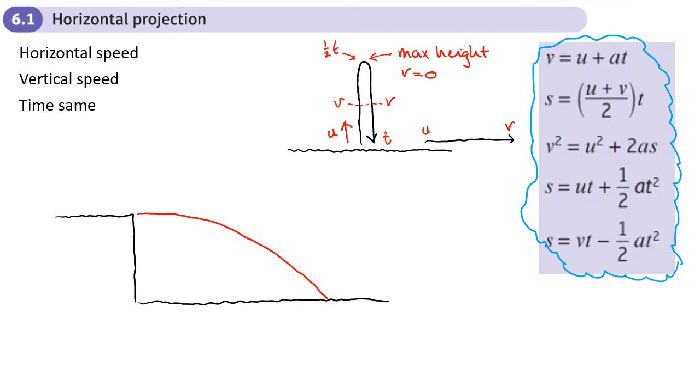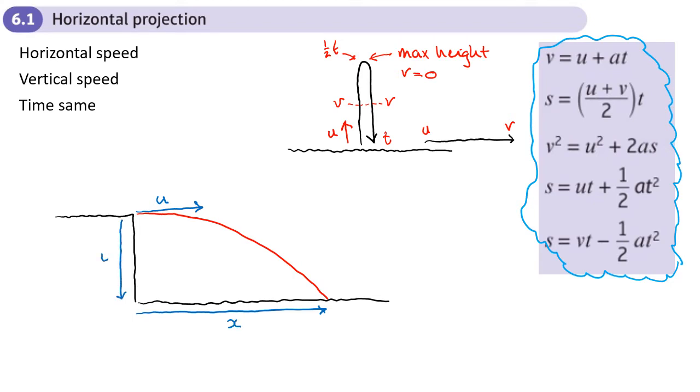So we will have an initial velocity u, and that will be horizontal. We will have a displacement. How far does it go across here? We'll call that x. We will have how far it goes down.